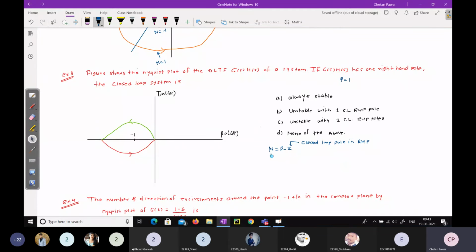And N is the number of encirclements about -1 point. So what is the value of N from this Nyquist plot? We need to find out the value of Z. We know the value of P. So from the diagram, what is the value of N here?